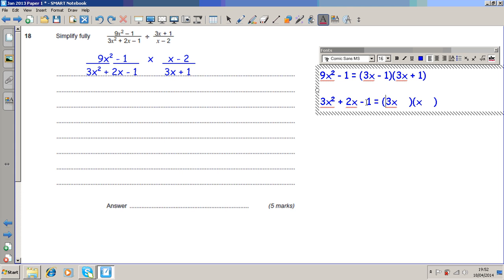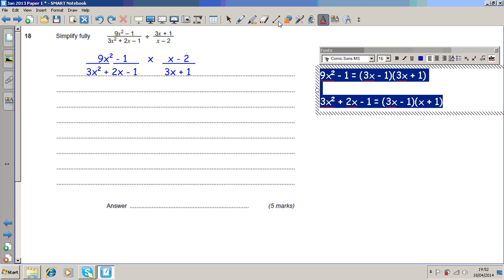And well, plus 1 and minus 1 is the only way to get 1. Just got to be careful we do that the right way around. So if I have plus 1 there, then it's going to give me 3x. And minus 1 there is going to take an x away. So I'm going to get to that point there.